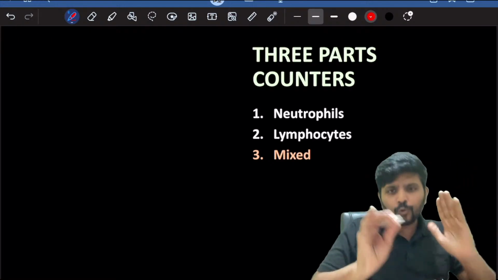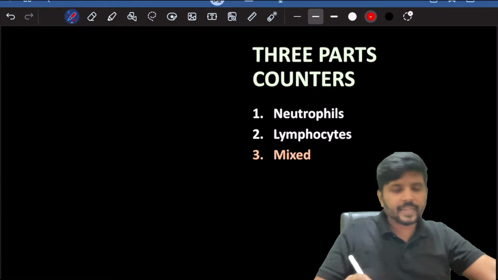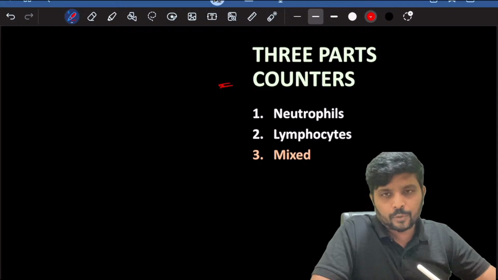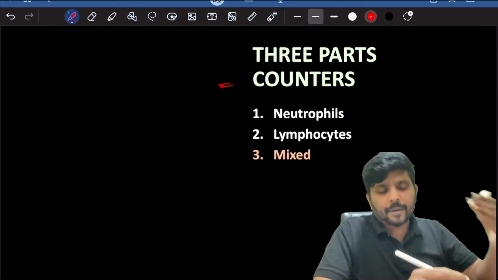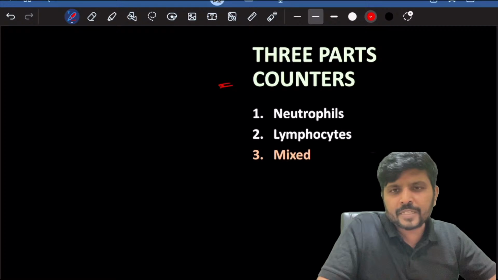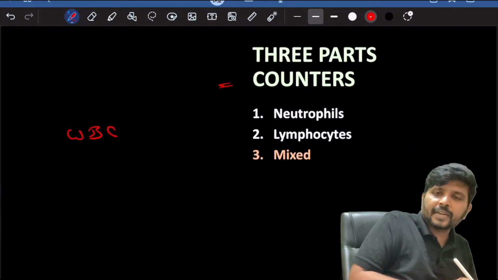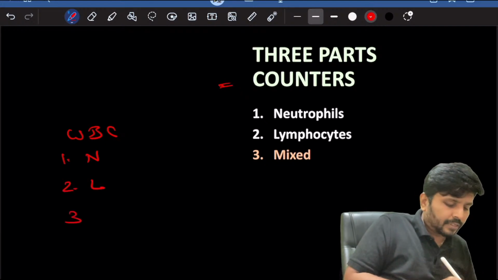The basic Coulter counter in any lab wherever you go in the world is a three-part counter. What do you mean by a three-part counter? It is mainly based on how many WBC parameters there are. You know that WBC types are 5 in number. One is neutrophil, second is lymphocyte, third is eosinophil, fourth one is basophil, fifth one is monocyte.